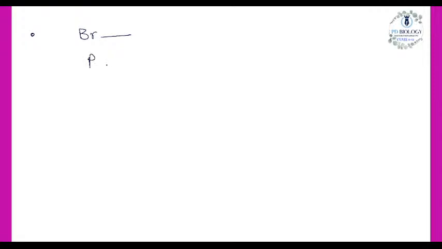P stands for perianth. G with a line below, that is superior. K stands for calyx. A stands for androecium. G with a line above, that is inferior. C for corolla. G for gynoecium.